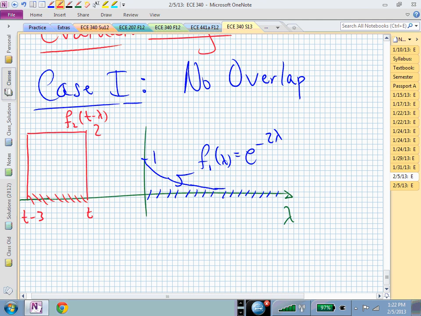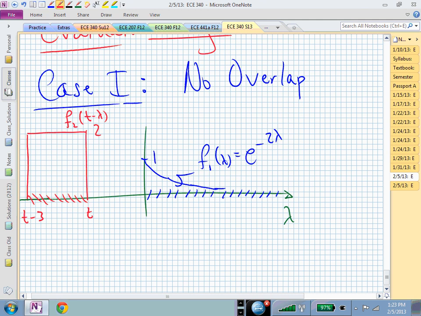And now I need to ask myself, when does this picture occur? When do I see this kind of picture where this f sub 2 of t minus lambda does not overlap f sub 1 of lambda? Under what conditions on my t is this true? So as long as this t remains to the left of 0, I'm going to have this picture, this pattern.